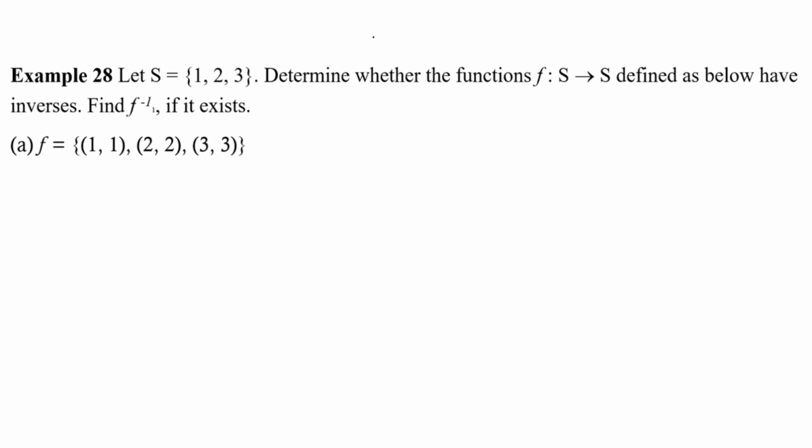So f is invertible if f is bijective. So if we check whether each function is 1 to 1 and onto, and if they are 1 to 1 and onto, we can say that f inverse exists, and we can also find f inverse.